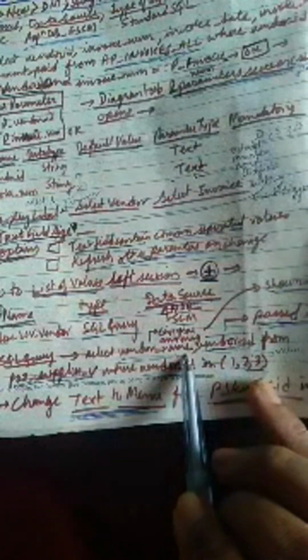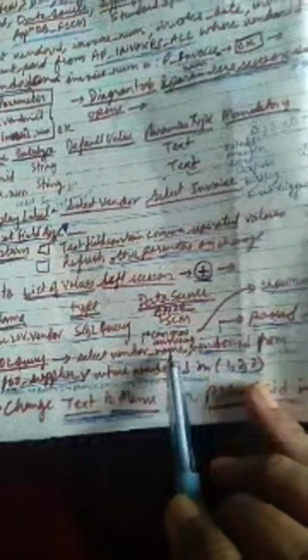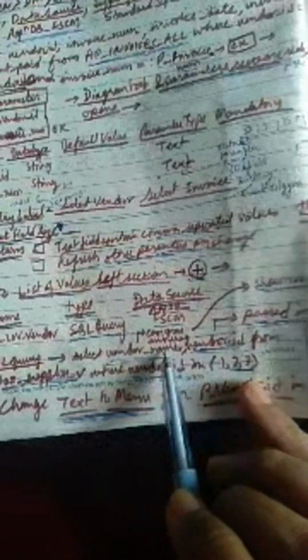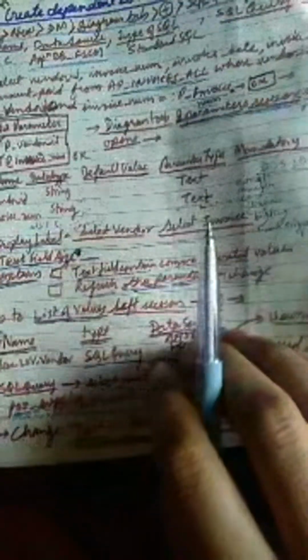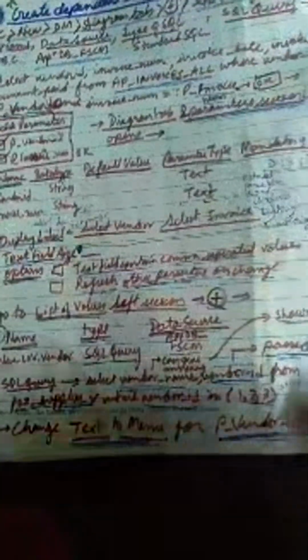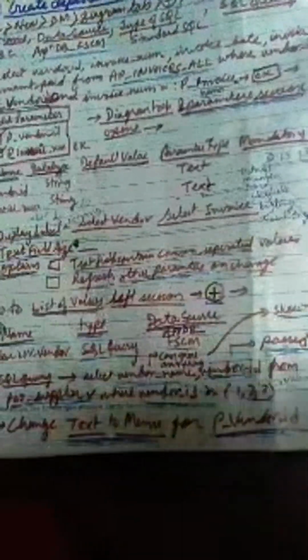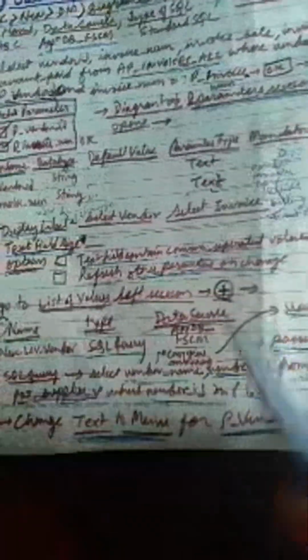So select whatever is visible or easy for him. Vendor name is easy to select. So the first column should be whatever is easy. For example, an invoice type name is easier to select than an invoice ID.